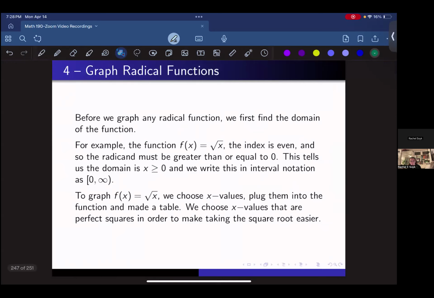All right, let's move on to our 4th objective for today, which is being able to graph radical functions. Before we graph any radical function, we first must find the domain of the function to really see where our graph is going to go. And it's also important to just keep in mind your toolkit functions, also known as your parent functions, knowing, okay, what does the square root of x look like?